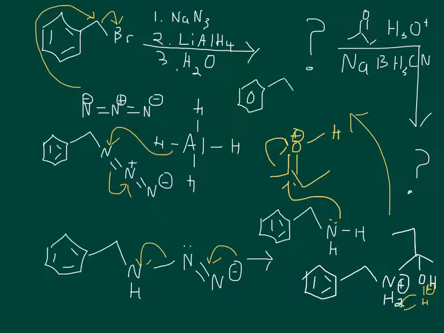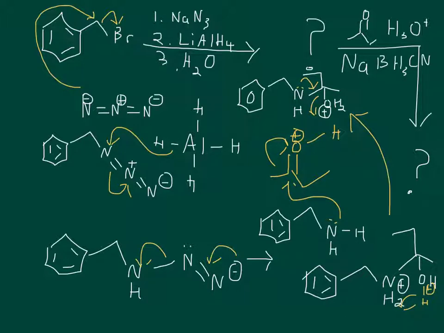So I'm going to draw this out all again. And our electrons are eventually going to come from the nitrogen because there's a lone pair there. So when we move the lone pair down, we can get water to act as our leaving group. And it's going to eventually create an imine.